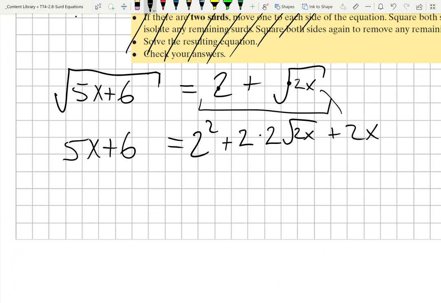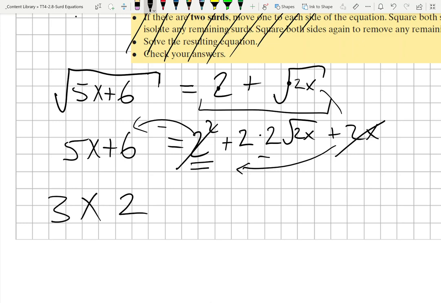Okay, now tidying up, I'll bring 4 back and cross it out. I'll bring 2x back, and I leave the 4 root 2x here.